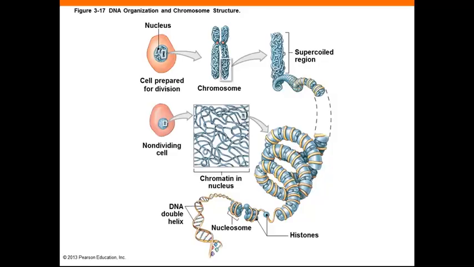We have chromosomes. So here's our cell, here's our nucleus, and here's a picture of that chromatin. The chromosomes, as pictured here, are built of DNA and special packaging proteins called histones. You can see the histones pictured here. So here's your DNA wrapped around the histones.